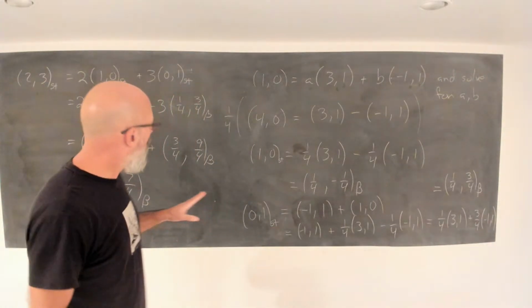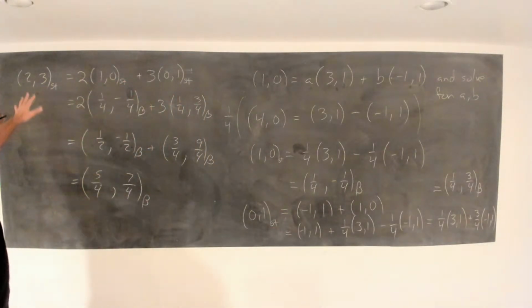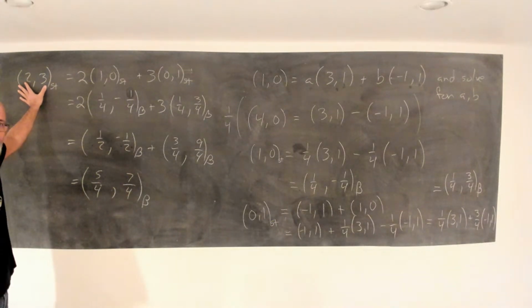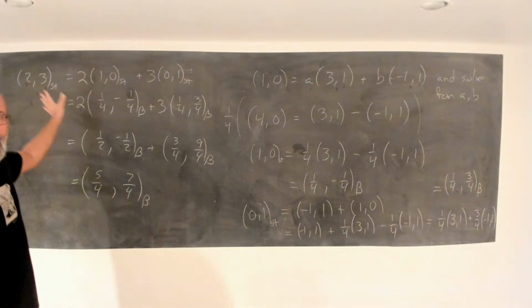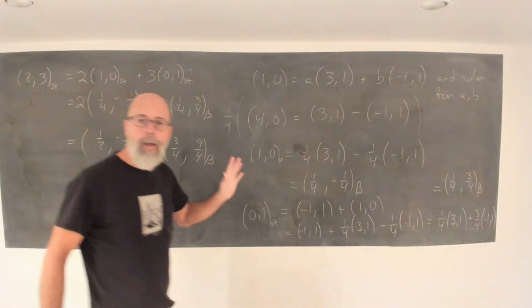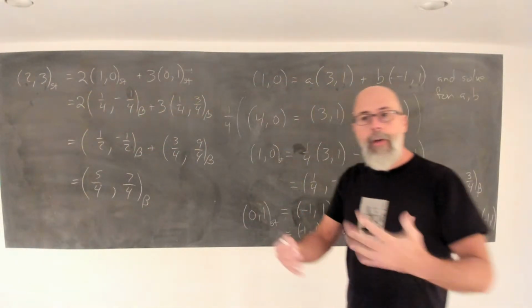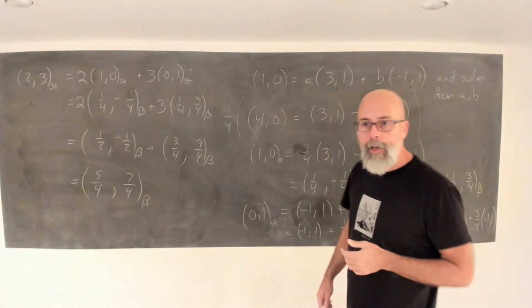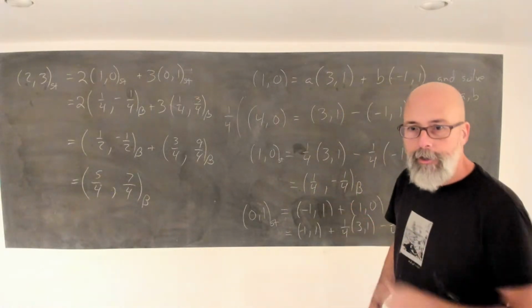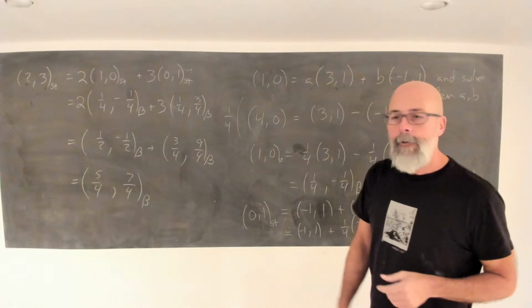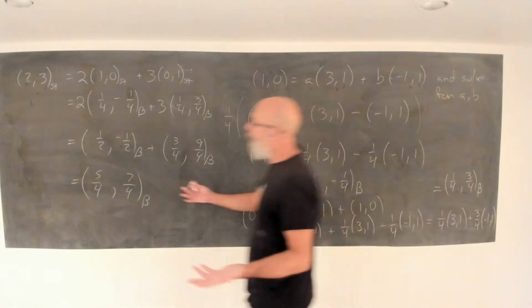So really, what are we doing? We are rewriting an element. Jean-Pierre, you'll be redoing this in Math 223, so it's a good idea to learn it now. (2, 3) was just an example. And what are we doing?